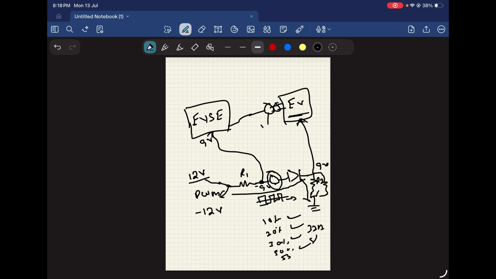Normally how do we calculate it? Duty cycle is equal to the maximum current rating divided by 0.6.